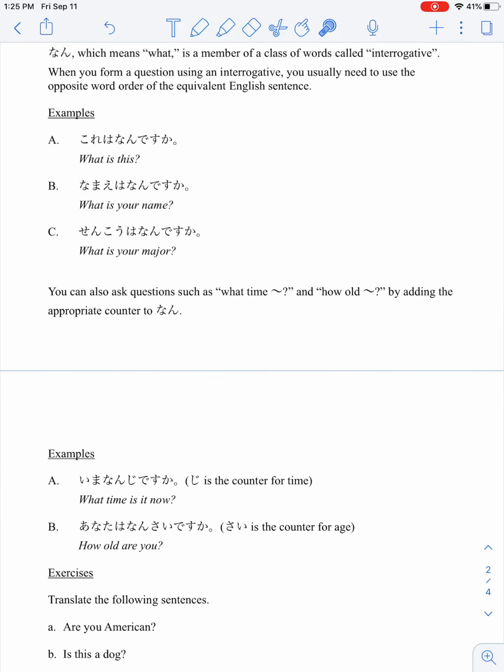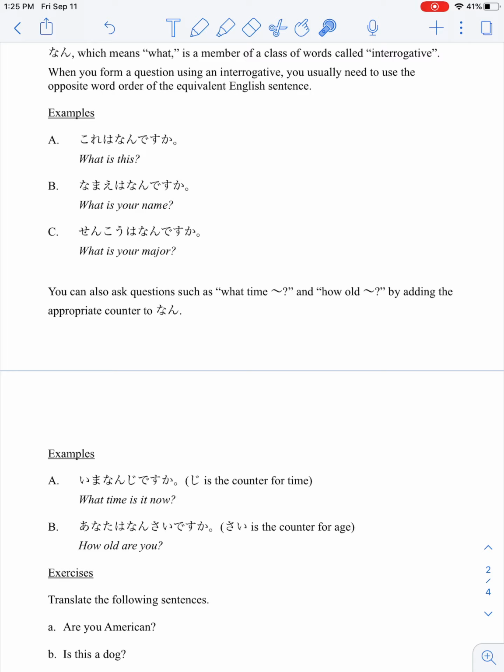Okay, you can also ask questions such as what time or how old by adding the appropriate counter to nan. When we count things in Japanese, we need to use different counter for different things. For example, ji is the counter for time.